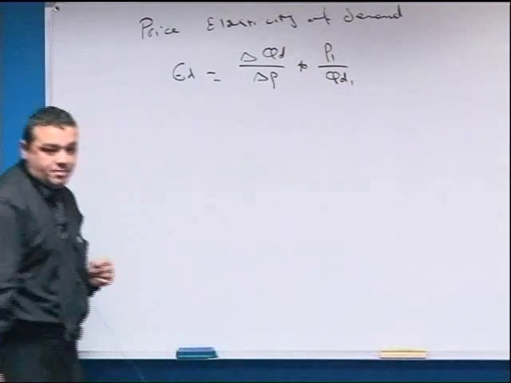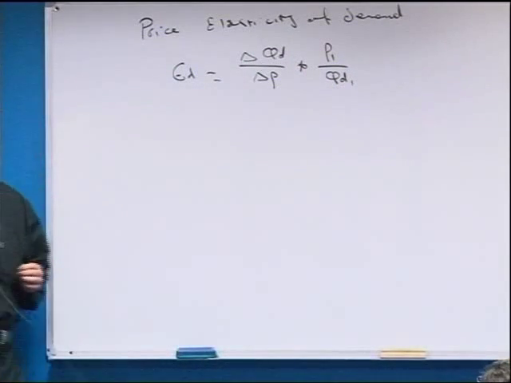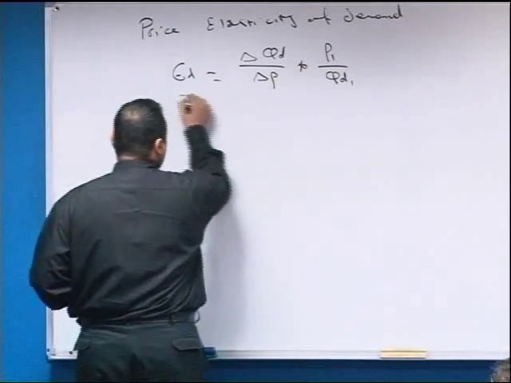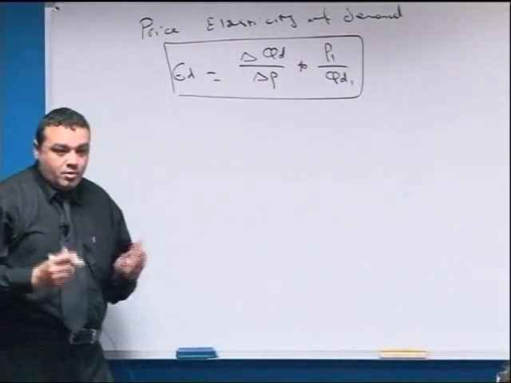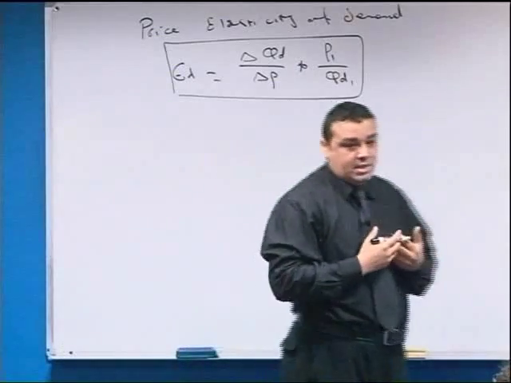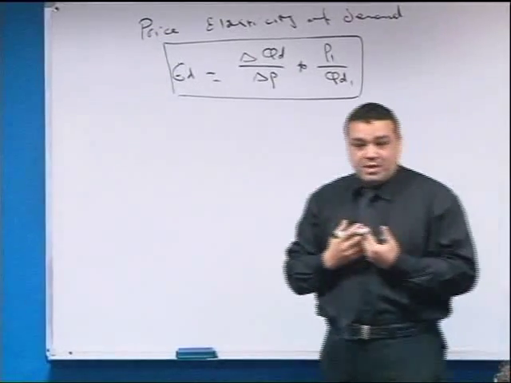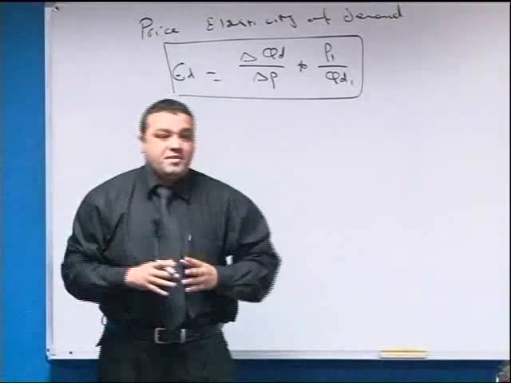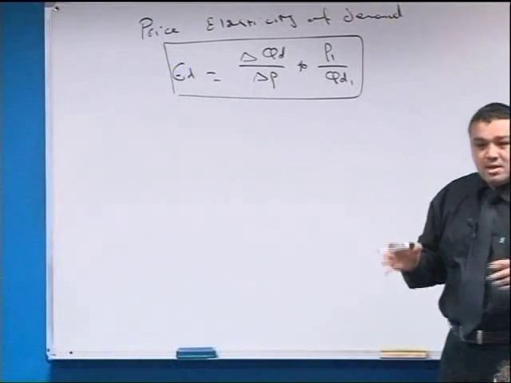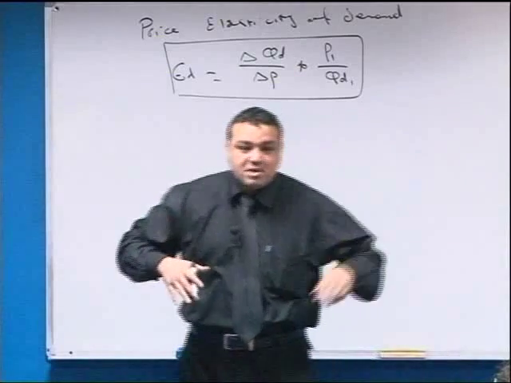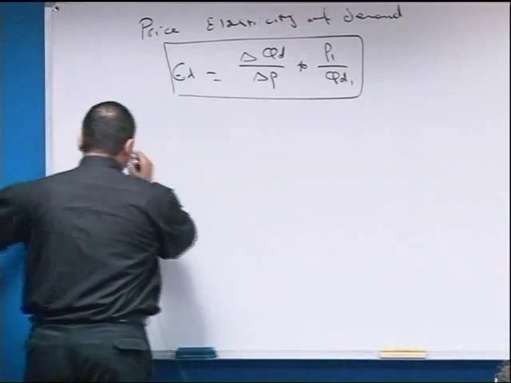This is the general formula to calculate the price elasticity of demand. Today, we are going to study the difference between the slope of the demand curve and the price elasticity of demand. So let's come back to the different forms of the demand curve.